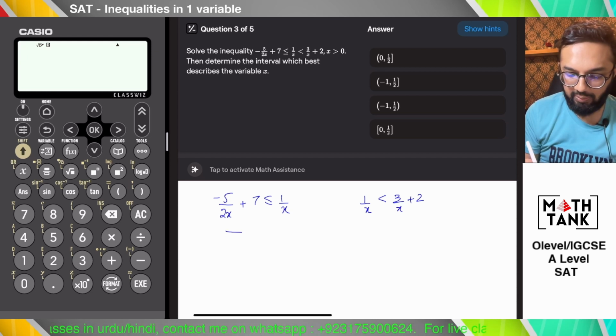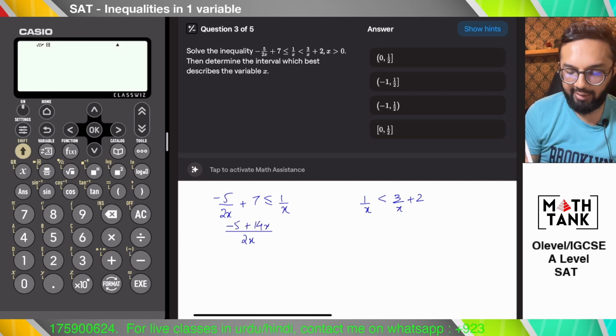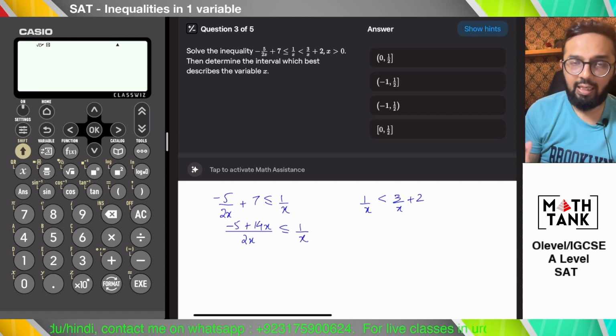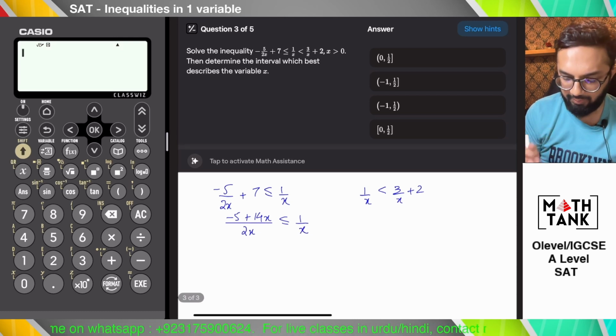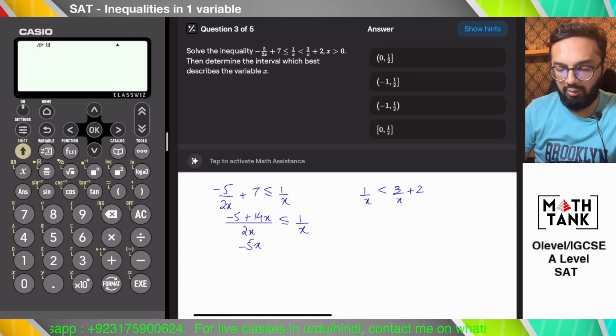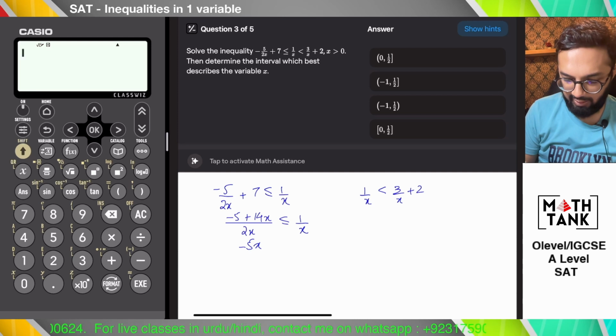Okay, the easy way to do this is to first take an LCM. This should become 14x. 7 times 2x is less than or equal to 1 over x. Since x is greater than 0, I'm not afraid of cross multiplying right now. So I get minus 5x.